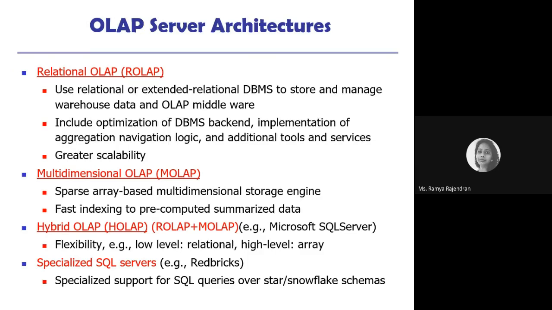You'll be able to create your data warehouses according to your need, and you can customize. Redbricks is a very good example of a specialized server. So these are the four different kinds of server architectures available in the market. I've been working on Microsoft SQL Server extensively, which is very cool, and you can work on your needs very sophisticatedly when compared to the other architectures available.